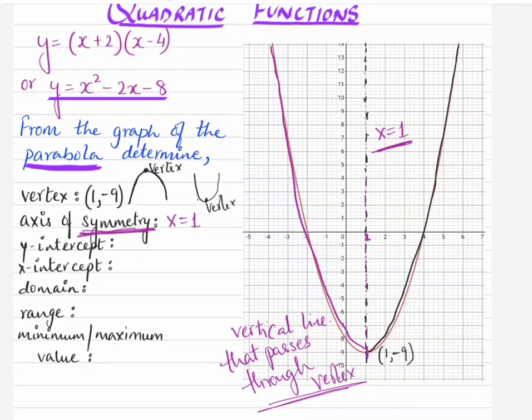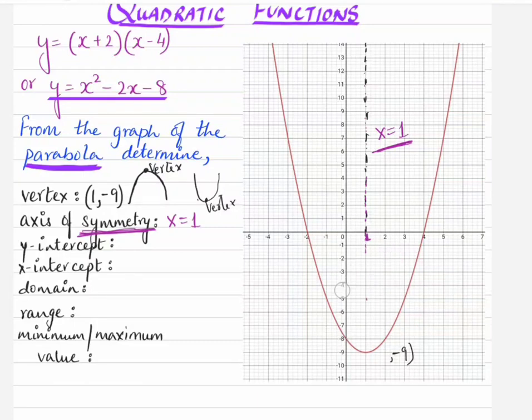So y-intercept is, let me clear this line a little bit. Y-intercept is where a line cuts through the y-axis. So when this curve is cutting the y-axis, it's here, right? So that point is your y-intercept.